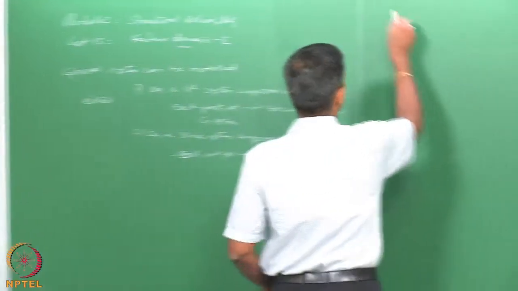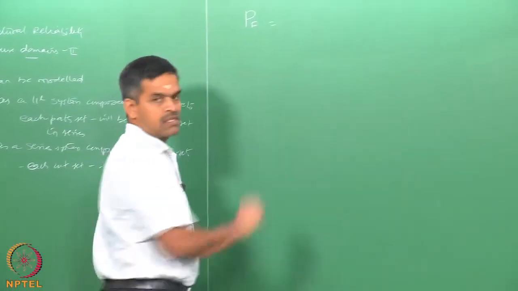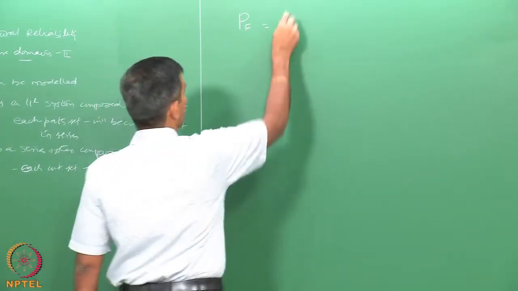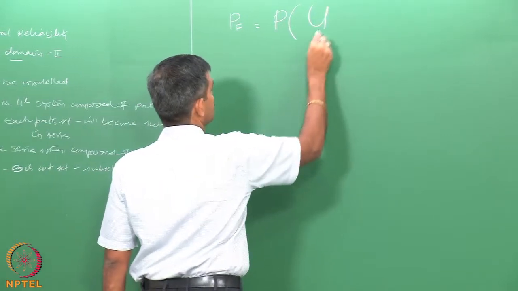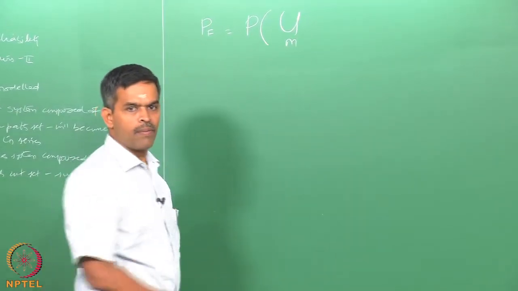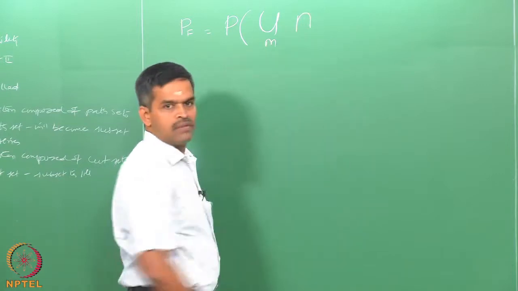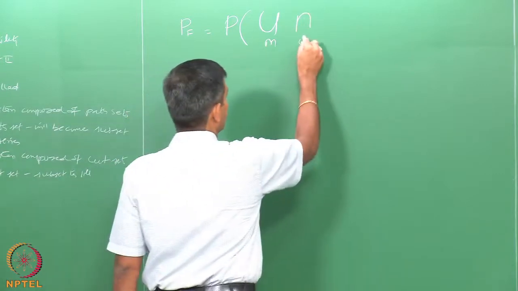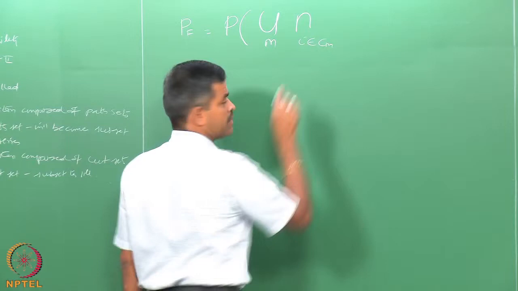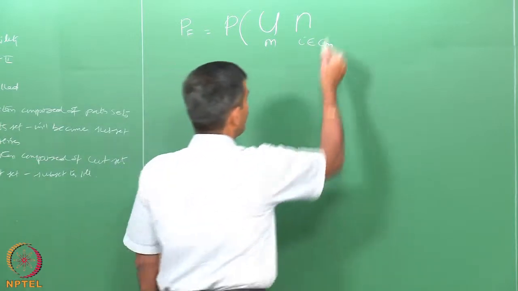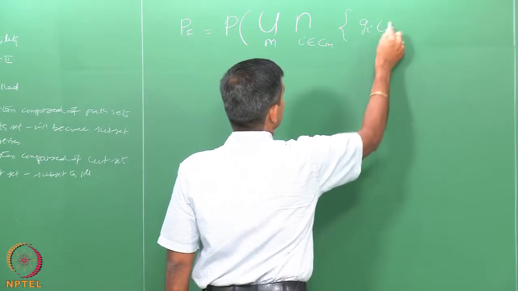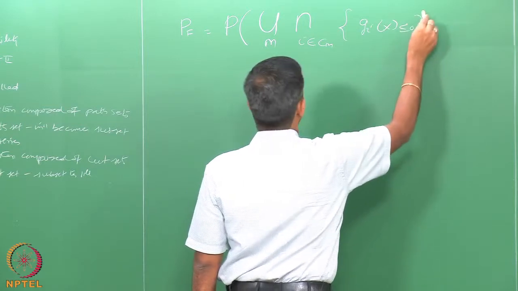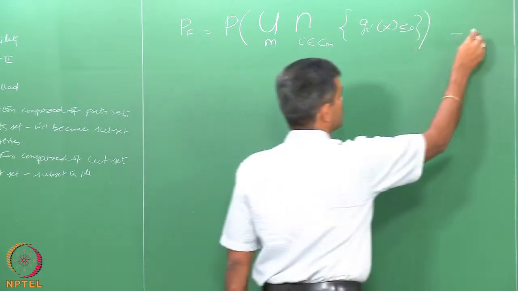So, we know that the probability of failure as expressed in the last lecture is simply given by the probability of the union over m of the intersection over i element of Cm, that is a subset, of Gi of x less than or equal to 0.